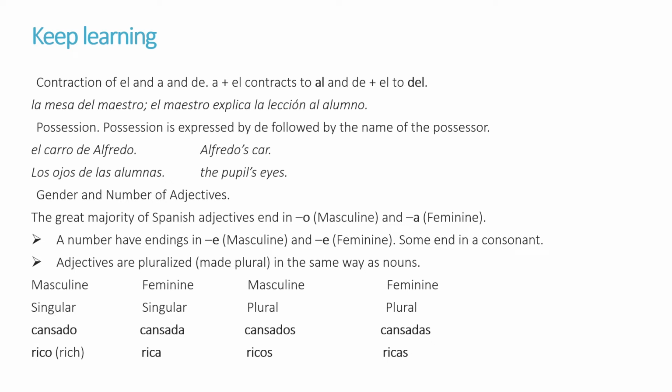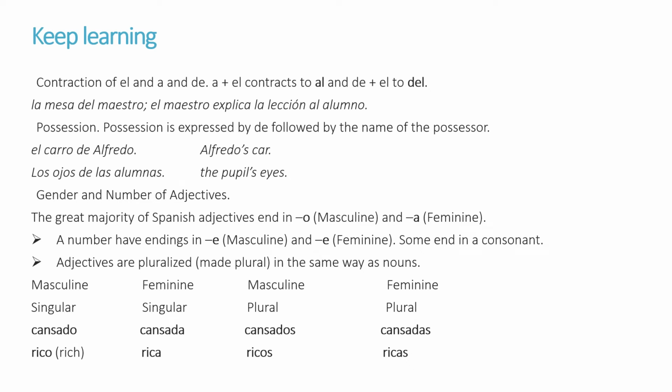For example, the contraction of a plus el will create the word al. The contraction of de with el will give the contraction del. Al and del are two important words.